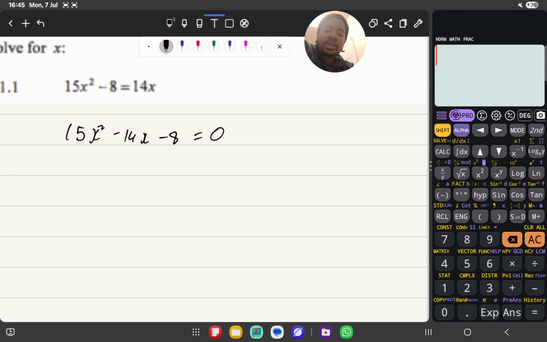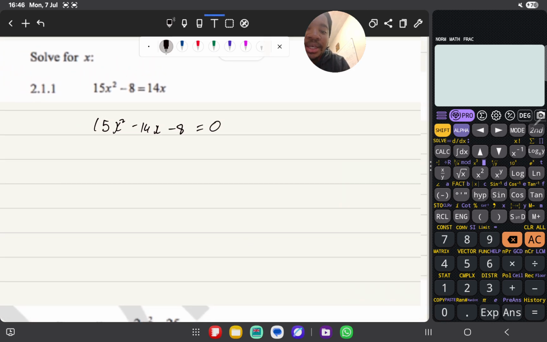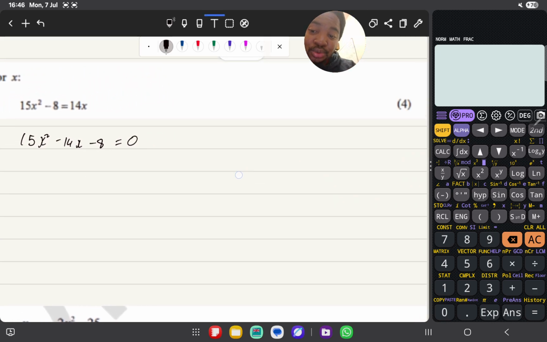And of course, when dealing with factorization, as soon as the x squared has a coefficient, I cannot do my two brackets and immediately write numbers there. What really helps is the step that I gave you: first thing first, you focus on the coefficients.